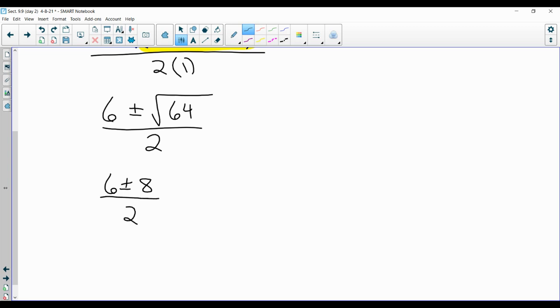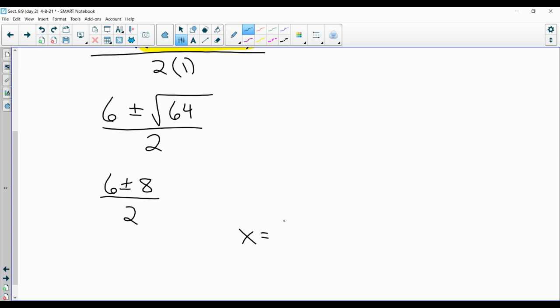All right, this is the part yesterday where we said, go ahead and try to do this in your head, or really don't rush it if you're going to use the calculator. Okay, so Grant, tell me, what is 6 plus 8? What's 14 divided by 2? All right, so my first one, 6 plus 8 is 14 divided by 2.